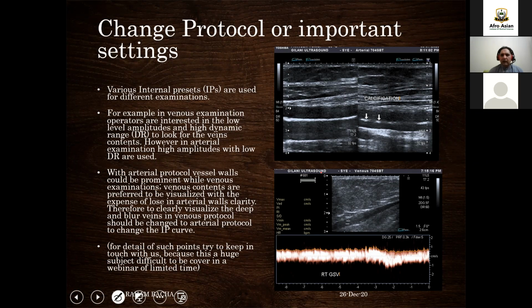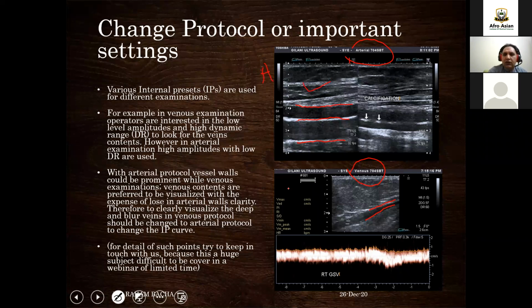So here I have given two images for the purpose of comparison. In the first image you can see the arterial protocol is selected, but in the second image you can see the venous protocol is selected. Here it is difficult to differentiate the walls of the vessel, and here it is too easy and too clear to differentiate the walls of the vessel, because at this protocol high amplitude difference has been given preference.